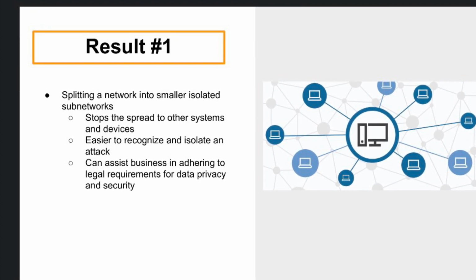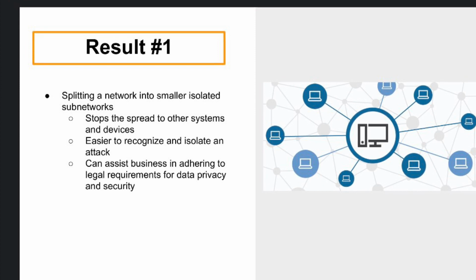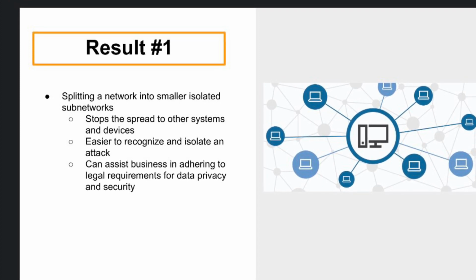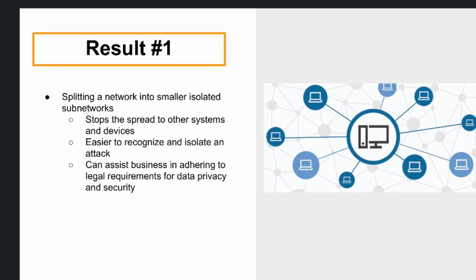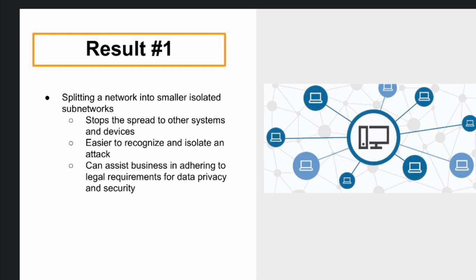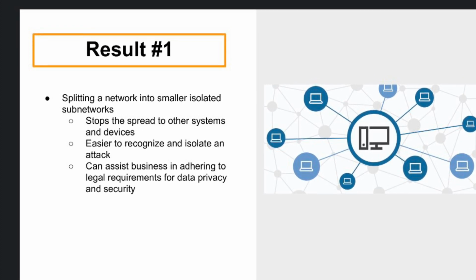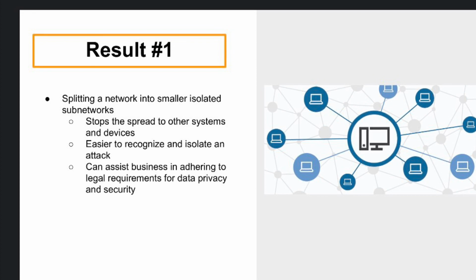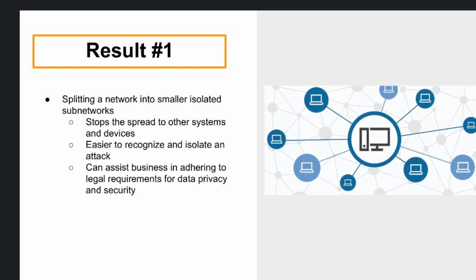So if we have very sensitive data, it's obviously going to be in its own network, and then we can have higher security and a stronger firewall just in case.